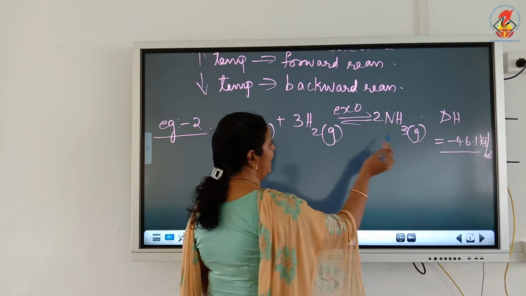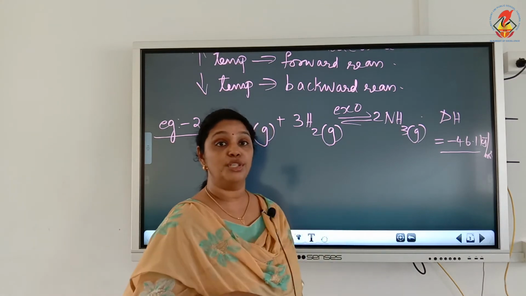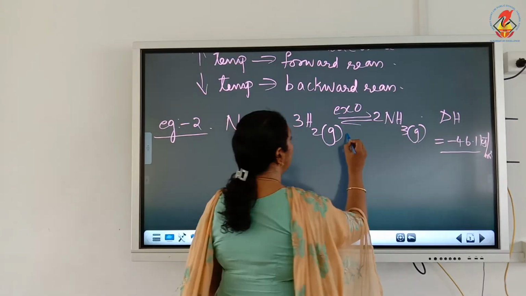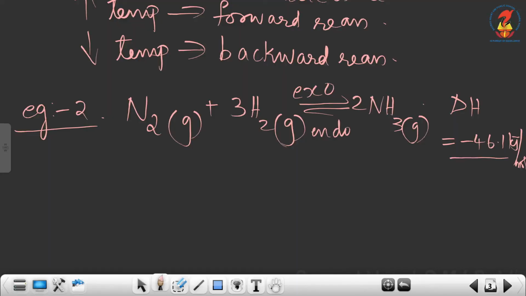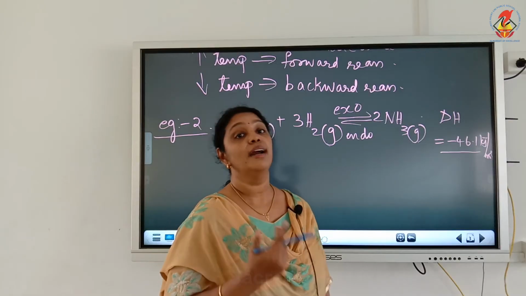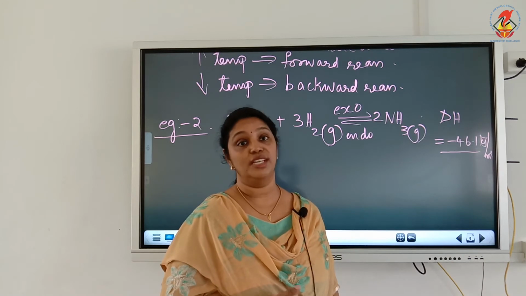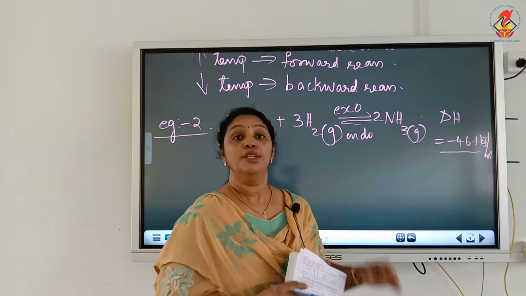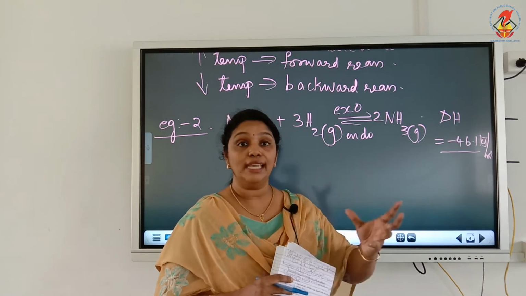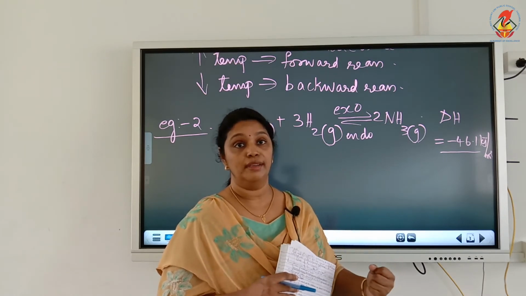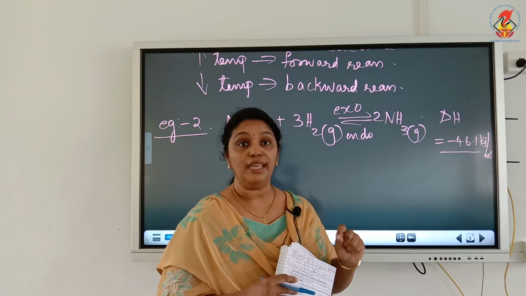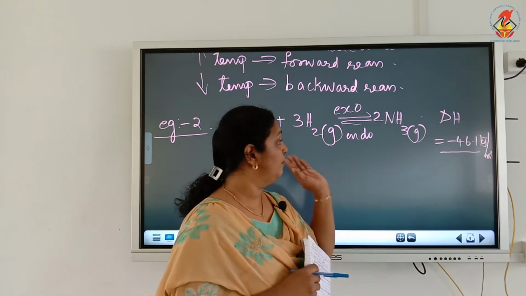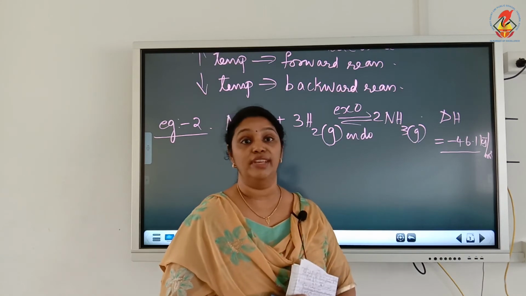The backward reaction, the decomposition of ammonia to nitrogen and hydrogen gas, is endothermic, and it takes place at high temperature. So to get maximum yield of ammonia, the temperature must be low. It must be very low, only then the forward reaction takes place and we get ammonia.